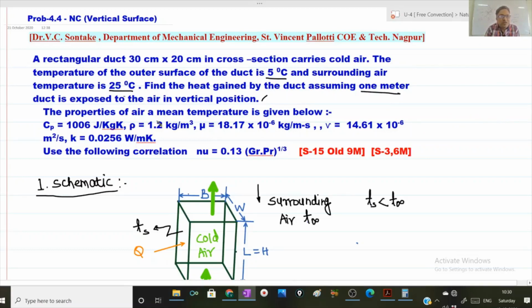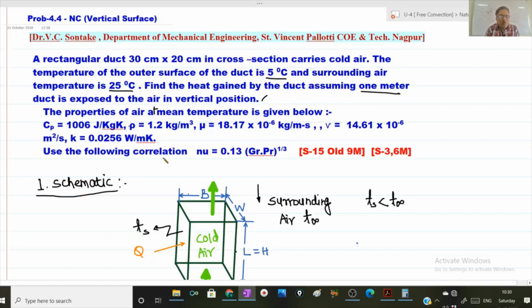The properties of air at mean film temperature is given below. Cp is equal to 1006 joule per kg Kelvin, rho 1.2 kg per meter cube, mu 18.17 into 10 to power minus 6 kg per meter second, nu 14.61 into 10 to power minus 6 meter square per second, and K 0.0256 watt per meter Kelvin.